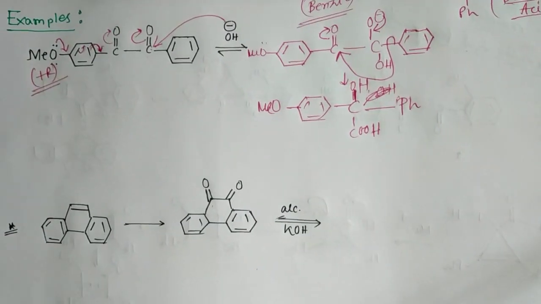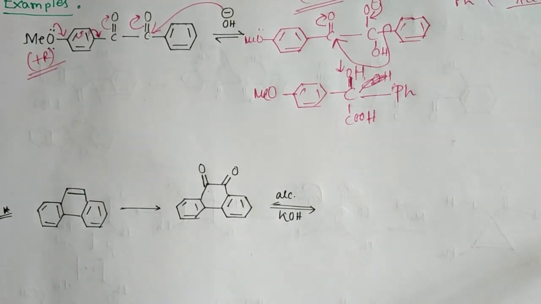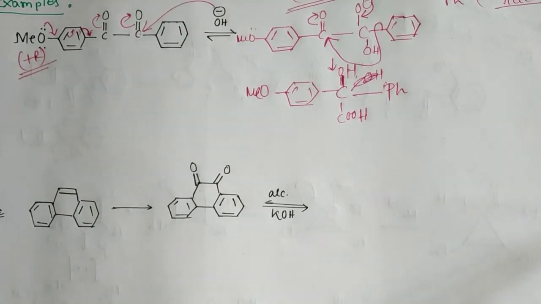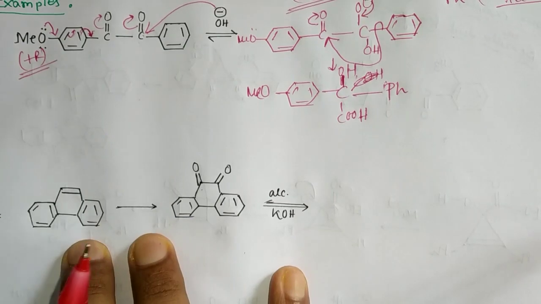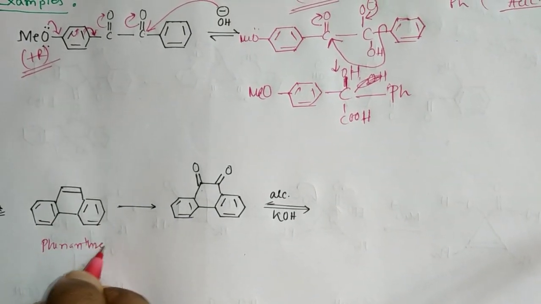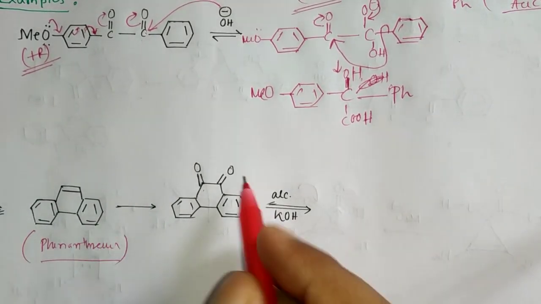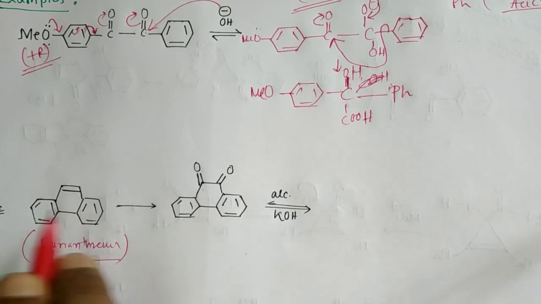Now one more important example of this benzilic acid rearrangement is this one. Okay, now I think you all know the name of this compound, that is phenanthrene. How can you get this type of product from phenanthrene?